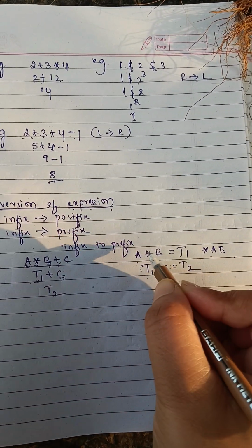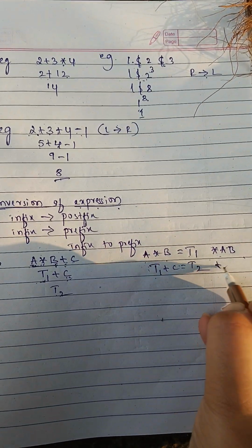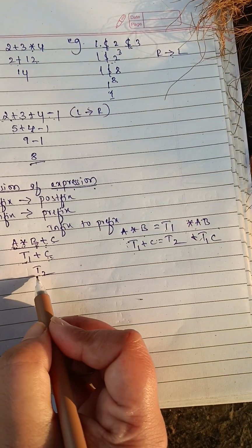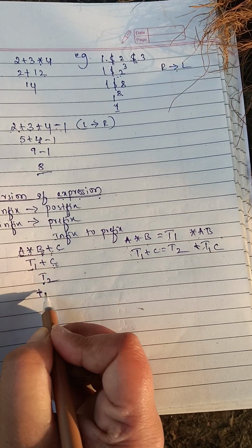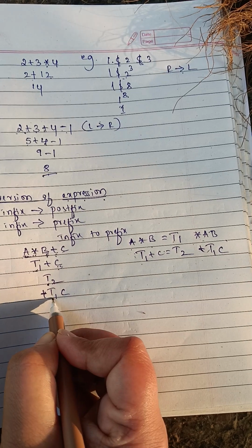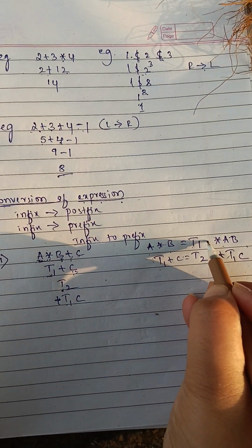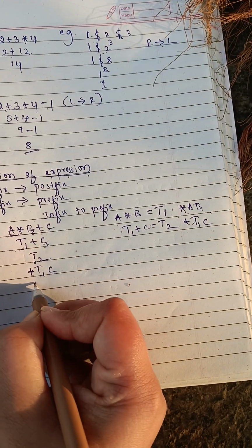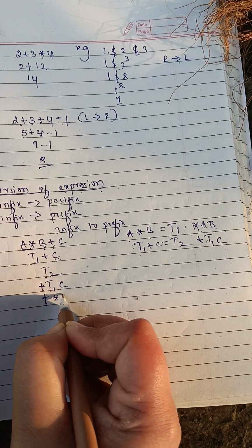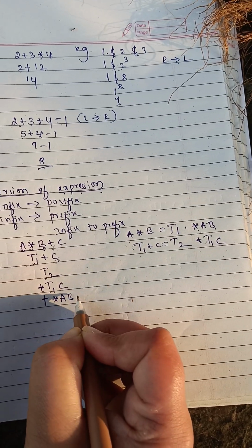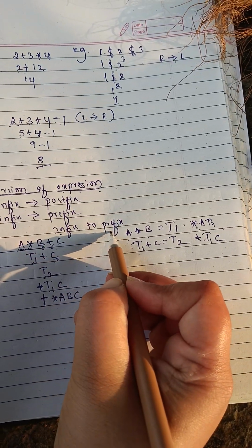A star b becomes star ab, and t1 plus c becomes plus t1 c. Then for t2, plus t1 c, and for t1 you substitute star ab. So it becomes plus star abc. This is your conversion of infix to prefix.